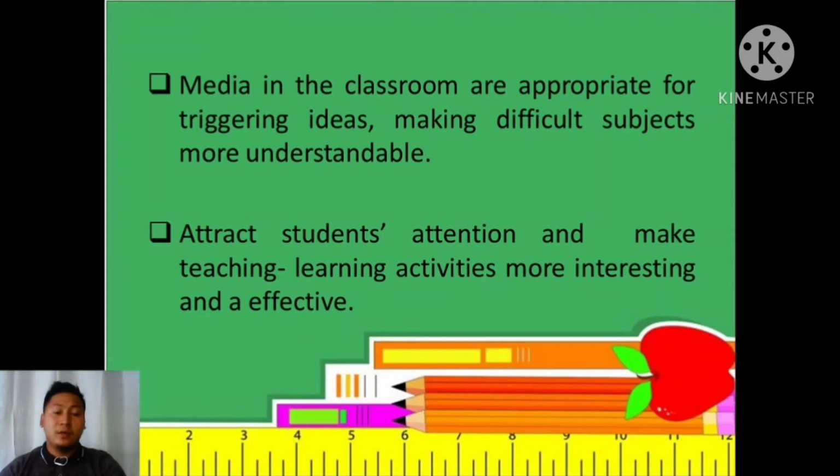What is not always obvious is that students should first know what media is and ways to think about it. Media also attracts students' attention and makes teaching-learning activities more interesting and effective. The use of media in the teaching-learning process is not a new thing.